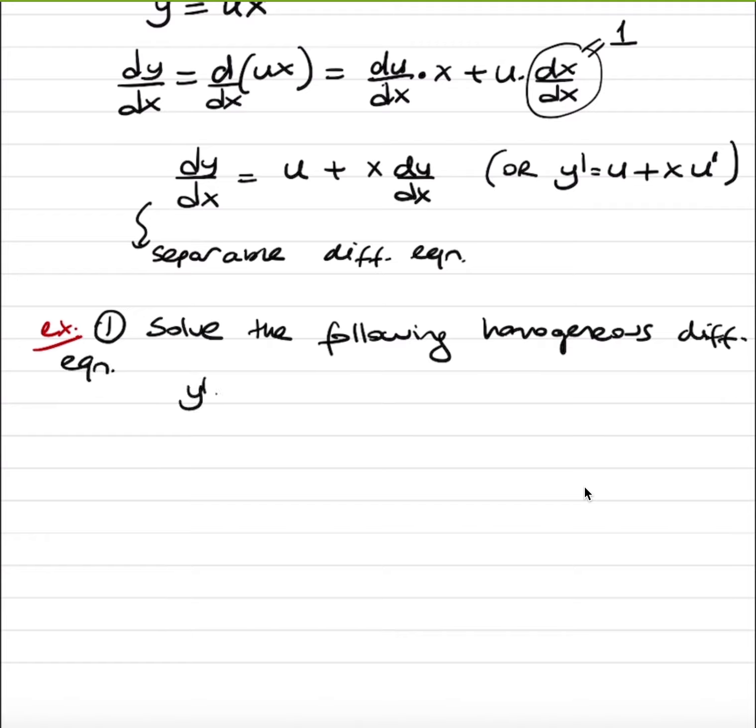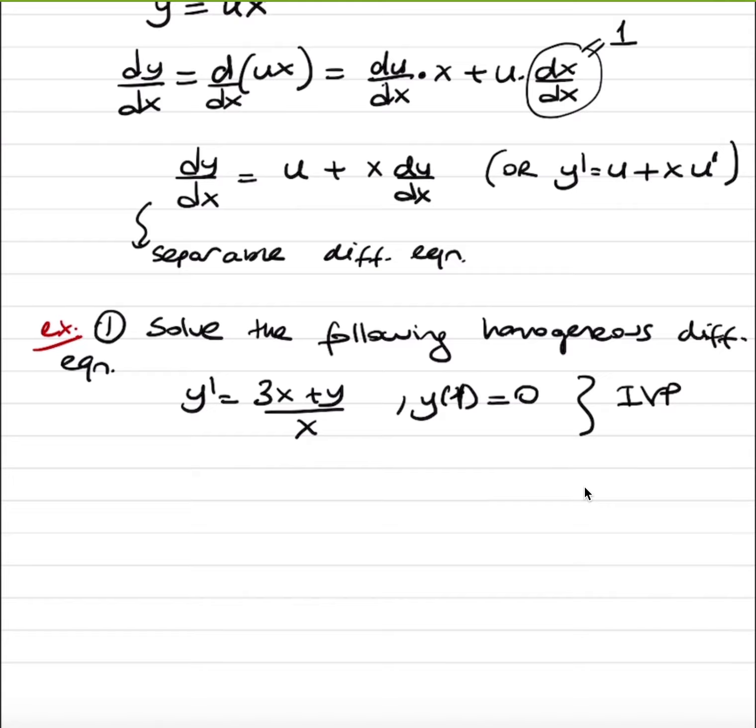It is given as y prime is equal to 3x plus y over x, and we have an initial value problem, but it is a homogeneous one, with the condition y(1) is equal to 0.